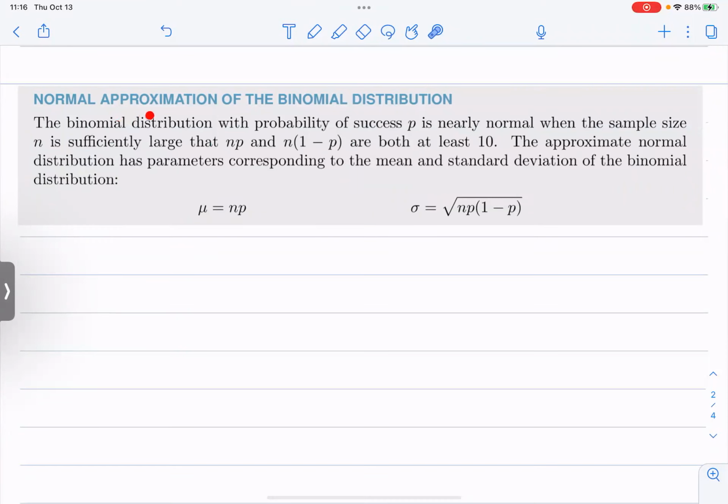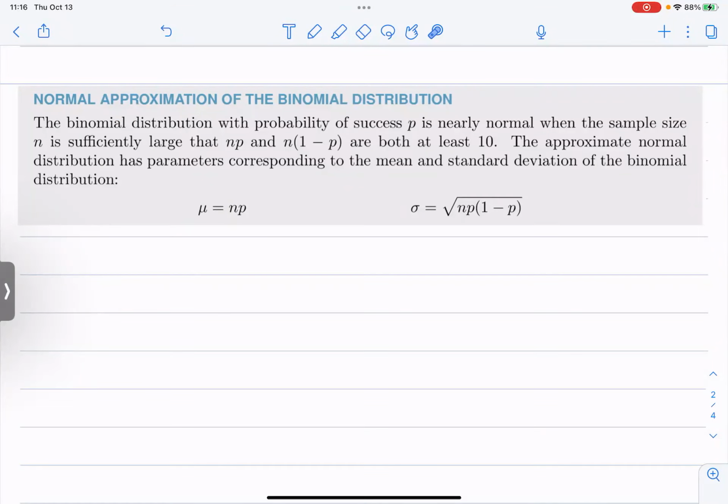So the normal approximation to the binomial lets us say, okay, assuming that our number of trials is large enough, and there's going to be a threshold for what's large enough, then by convergence, the binomial tends towards a normal distribution.